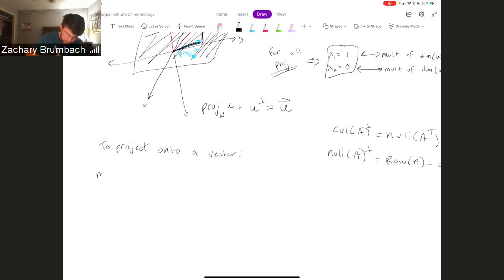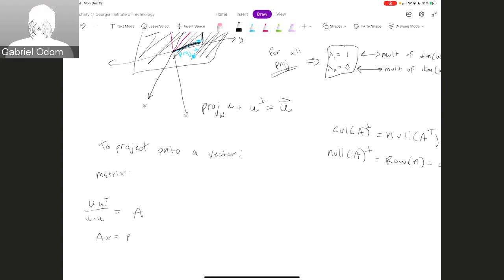So for a matrix, U transpose over U dot U, this yields a matrix such that when you multiply, let's call it A, AX is the same thing as the projection of X onto U.